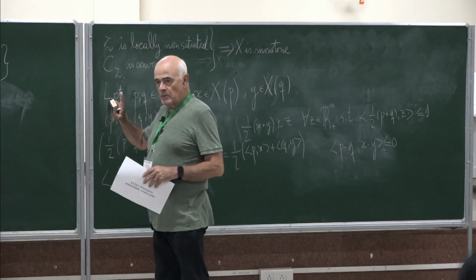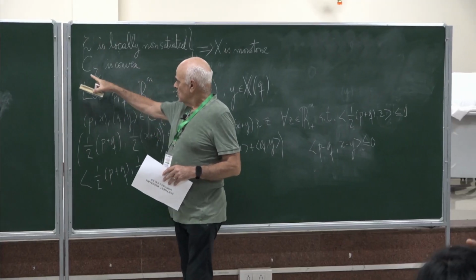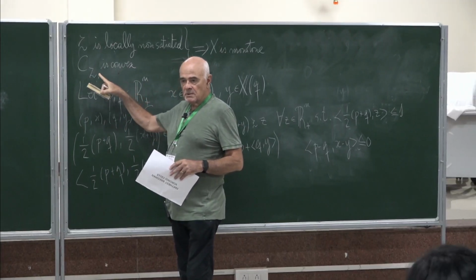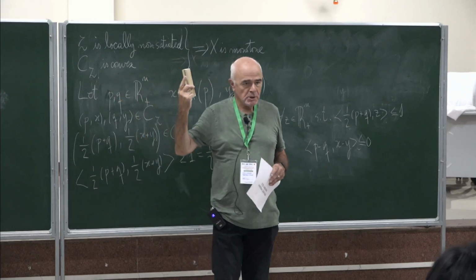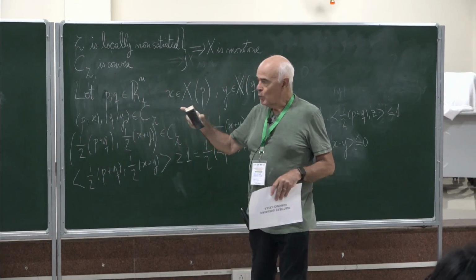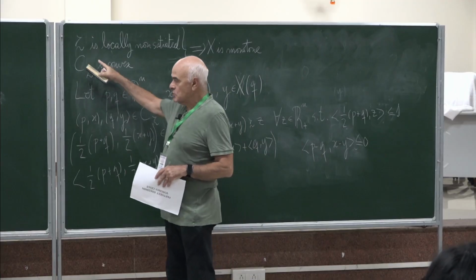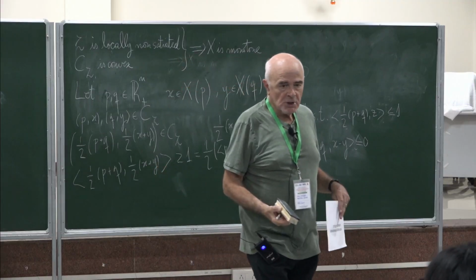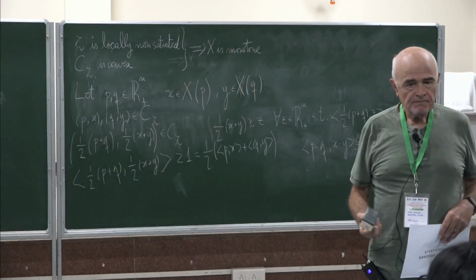So now I'm going to address convexity of this set. I'm going to give you a sufficient condition. So when you add that sufficient condition to the local non-satiation property, you get a sufficient condition for monotonicity. Okay?